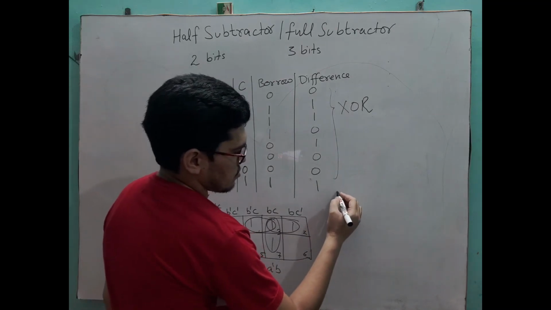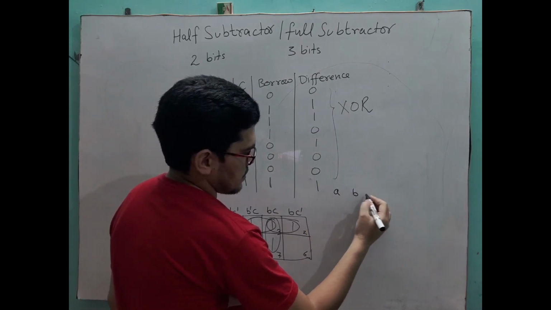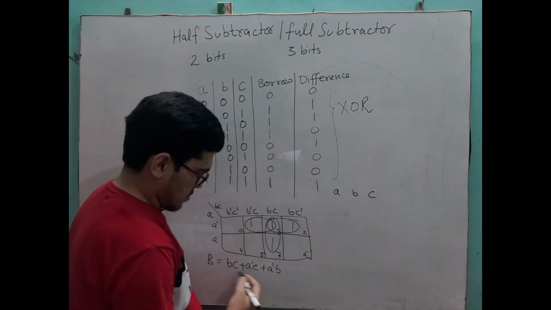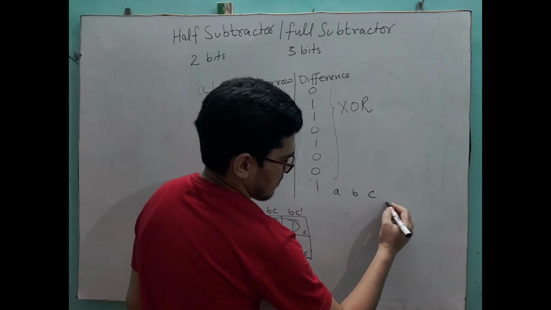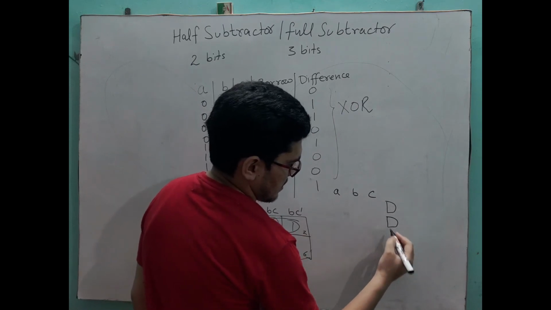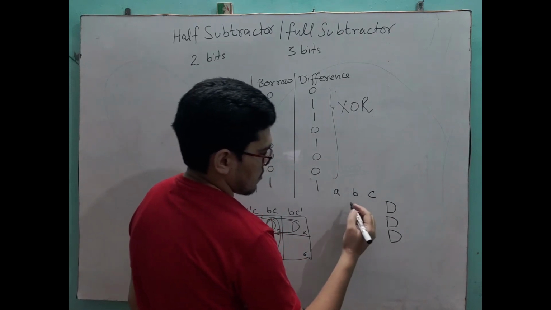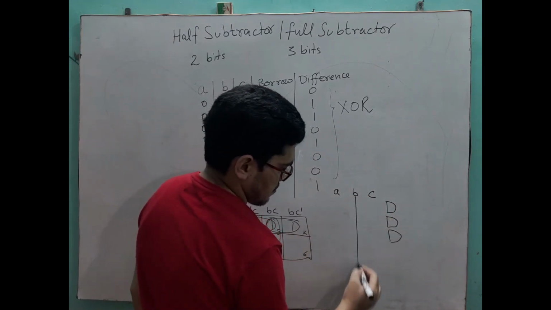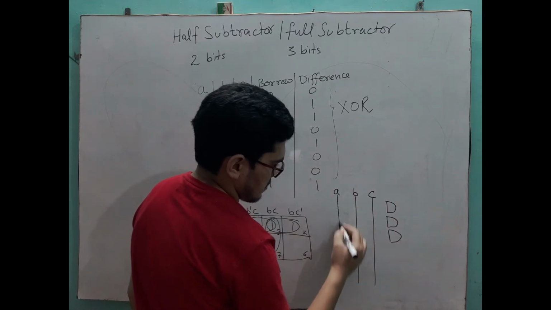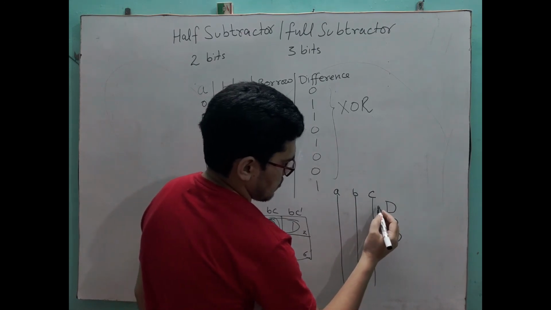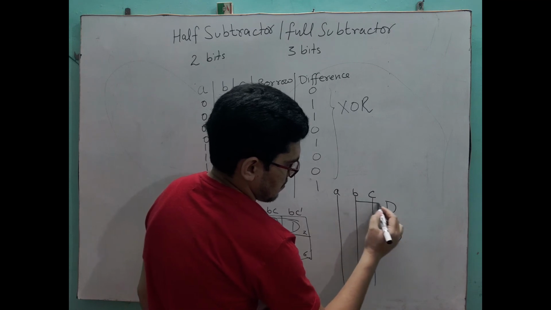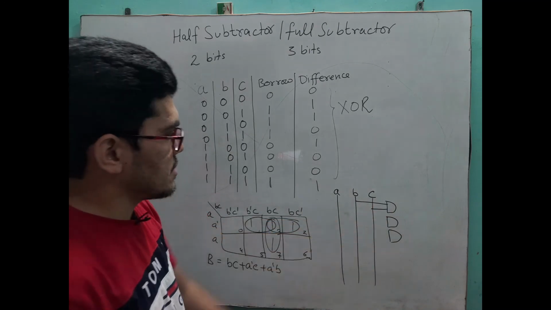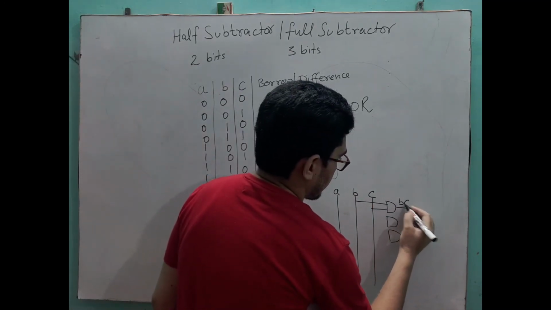Okay, now let us draw A, this is B, and then C, and take 3 AND gates. Okay, so BC. So for the first gate B, C. Okay, so I connect this AND gate BC and this will produce BC.